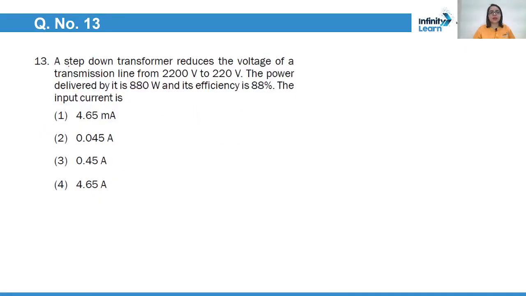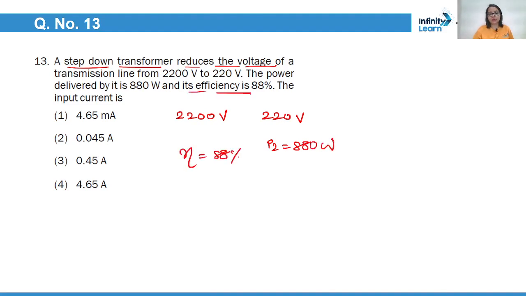Question number 13. A step down transformer reduces the voltage of a transmission line from 2200 volt to 220 volt. The power delivered by it is, so P2 is 880 watt and its efficiency is 88%.